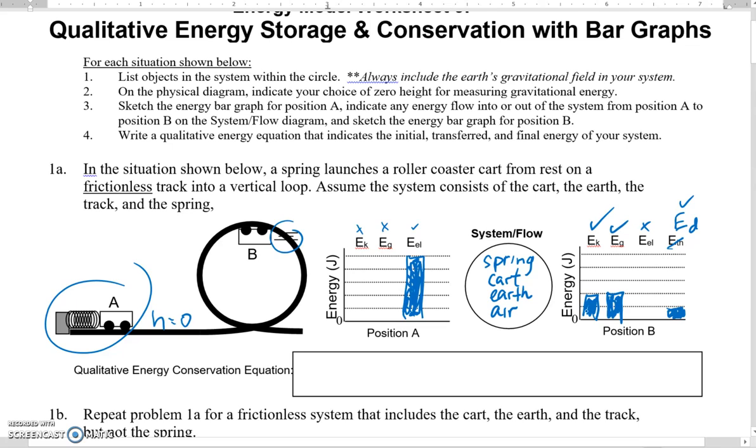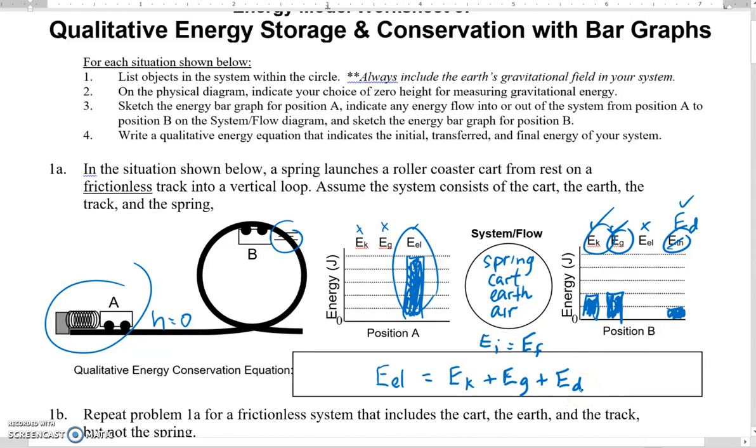Lastly, the qualitative energy conservation equation. Well, that is essentially the idea that the initial energy equals the final energy, meaning energy is conserved, which means I can say over here, this energy right here, the elastic potential energy, must be equal to the energies that I have over here, which would be kinetic energy plus gravitational potential energy plus the dissipated energy.